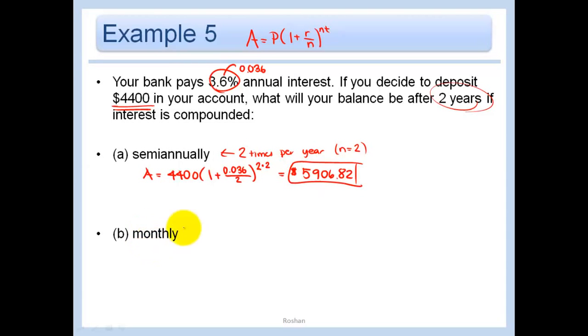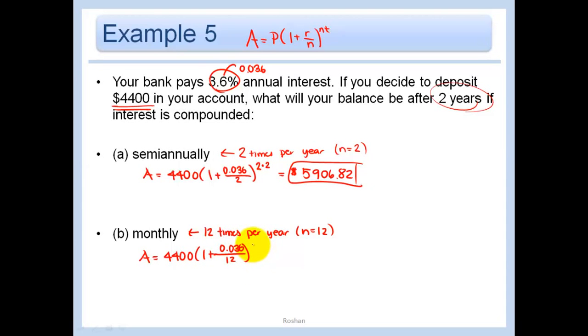What about if we compound monthly? So that would be 12 times per year. In other words, N is equal to 12. Do the same thing. A equals 4,400 times 1 plus 0.036 over 12 in this case.